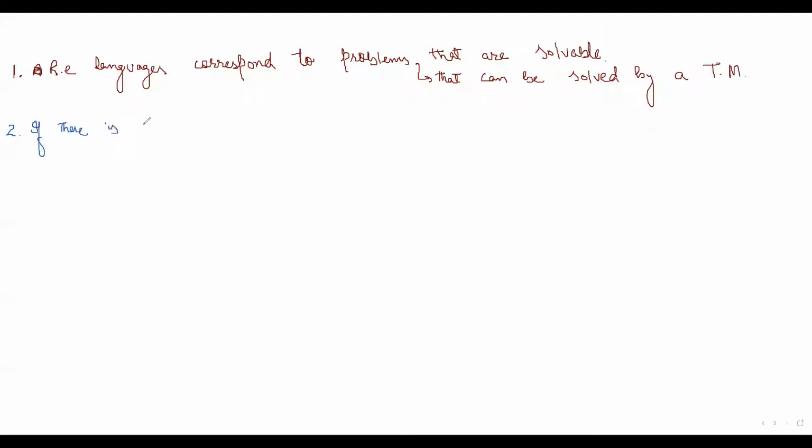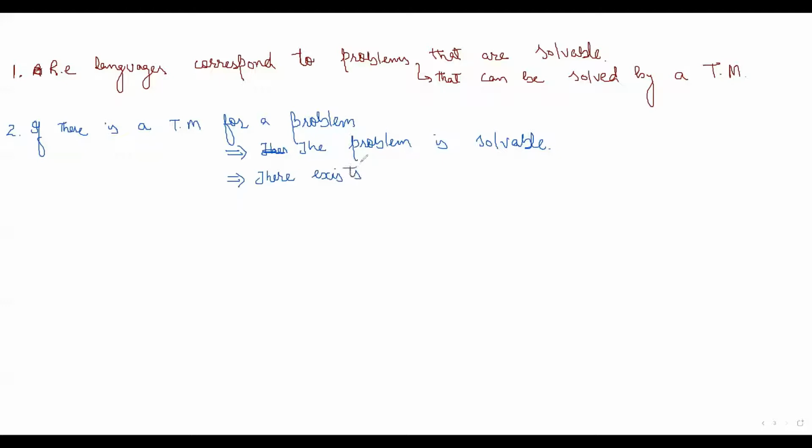Okay. The second point that we have taken from this discussion is that if there is a Turing machine for a problem, this implies the problem is solvable, or we can say it implies there exists an algorithm.